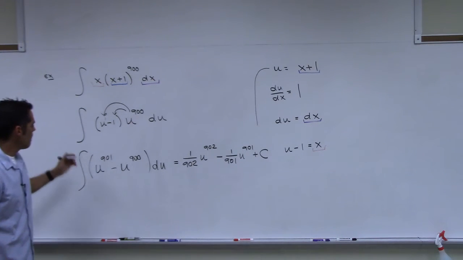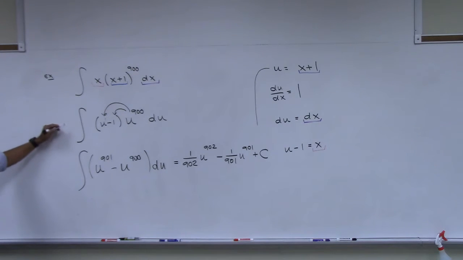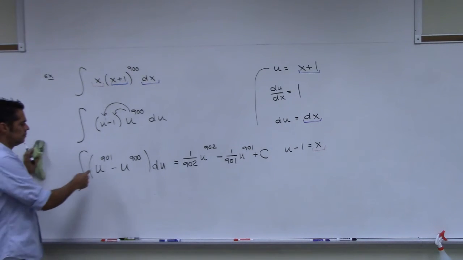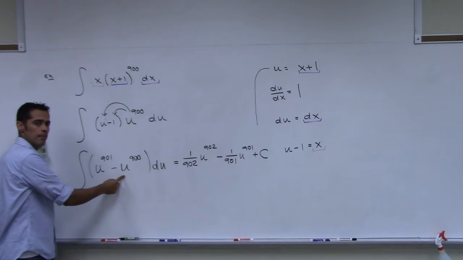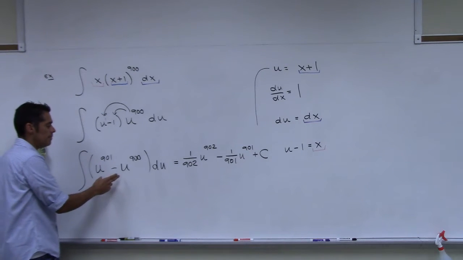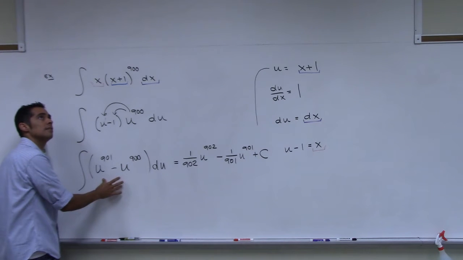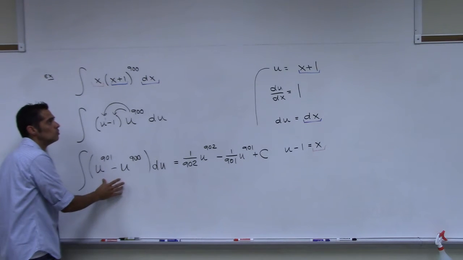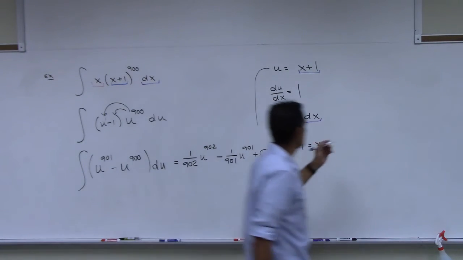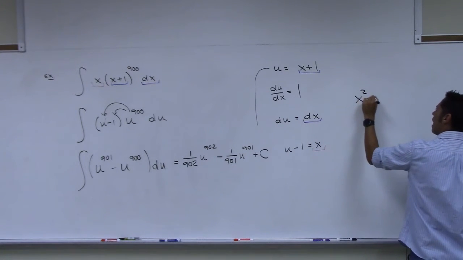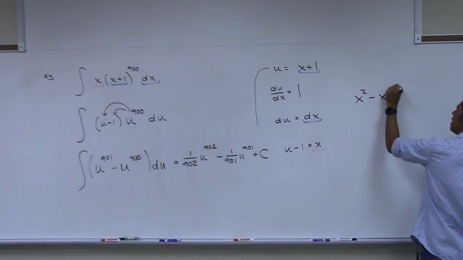Would you be able to do just like minus that and bring out just a u? No, because the subtractant is not just u. Let me see if I can't convince you. I think what you're suggesting is this. If you had x squared minus x, is that equal to just x?